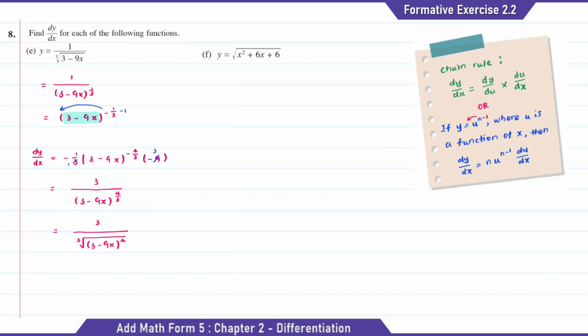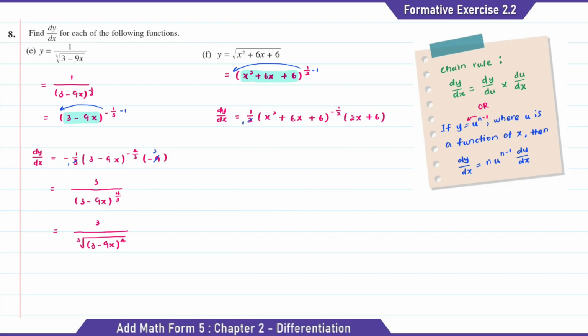Question F. I can write this as bracket x squared plus 6x plus 6 to the power of 1 over 2. Then dy/dx is equal to 1 over 2, bracket x squared plus 6x plus 6 to the power of negative 1 over 2. Then differentiate the terms in the bracket, which is equal to 2x plus 6.